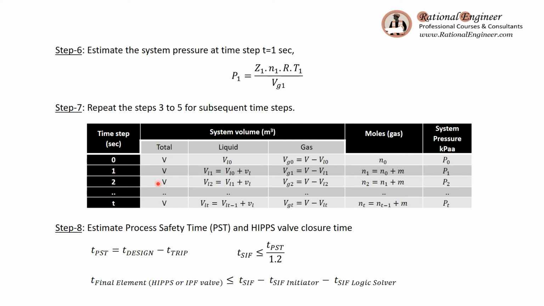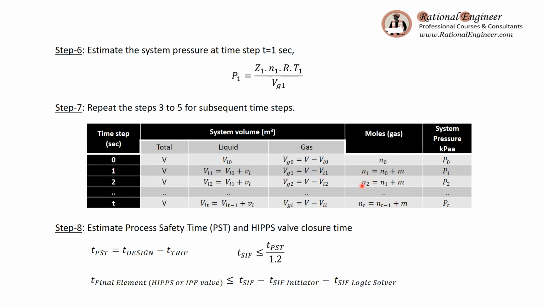At time step 2, we calculate the volume of liquid in the vessel, which is the volume of liquid at time step 1 plus the additional volume of liquid which was coming into the system. Then we estimate the available vapor space or the volume of gas by deducting this volume of liquid from the total volume.